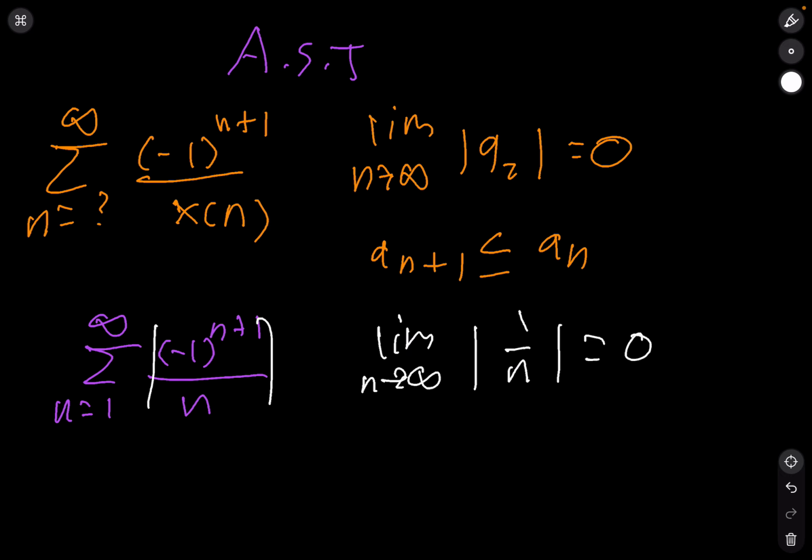We can see that's equal to 0. From here, what we have to do is just add 1 over n plus 1 and see that as the denominator increases, therefore, this sequence is less than 1 over n. Therefore, the series converges.